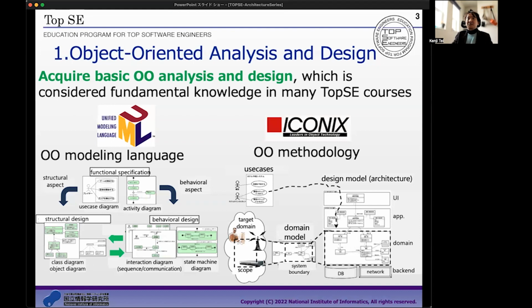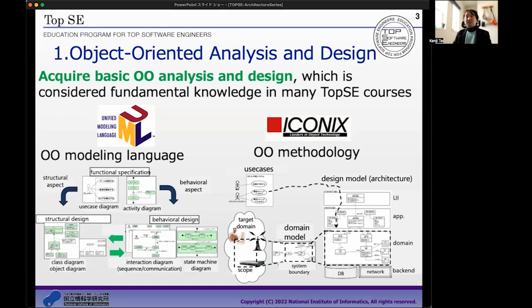With this close relationship between the domain model and the data model in the system, changes in the real world can be easily traced, and we can easily identify which data should be adapted according to the change in the target domain. Those types of modeling languages and object-oriented methodologies are what the student will study.